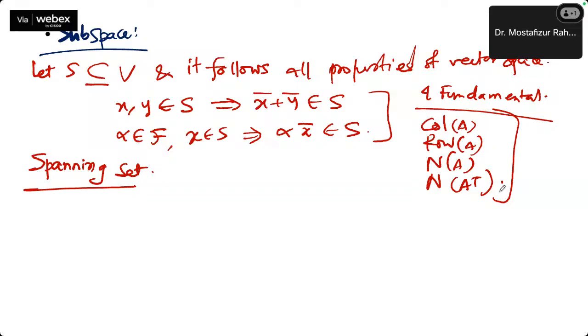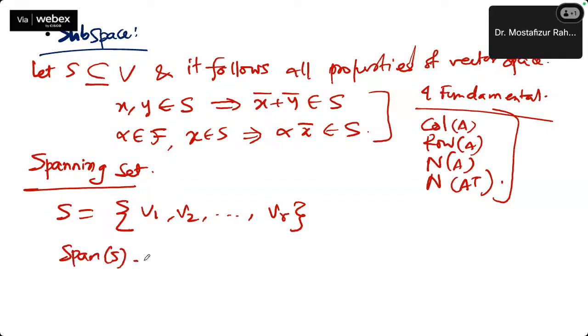Suppose there is a set S with elements V1, V2, up to Vr. Now the subspace which is spanned by S is obtained by taking the linear combination of the vectors: alpha 1 V1 plus alpha 2 V2 plus so on up to alpha r Vr.